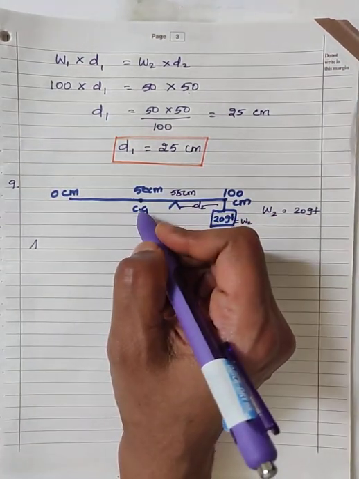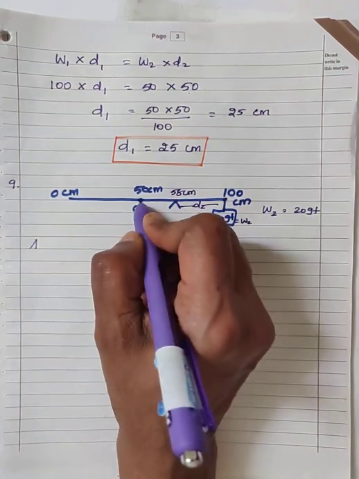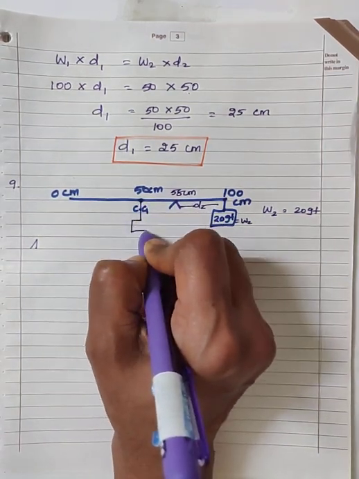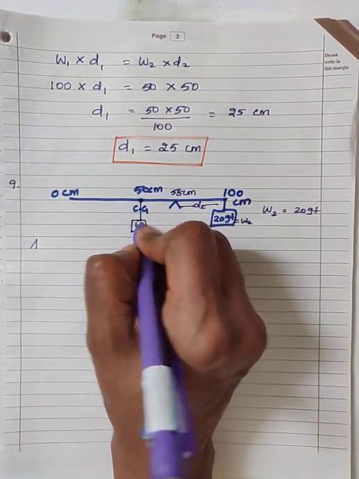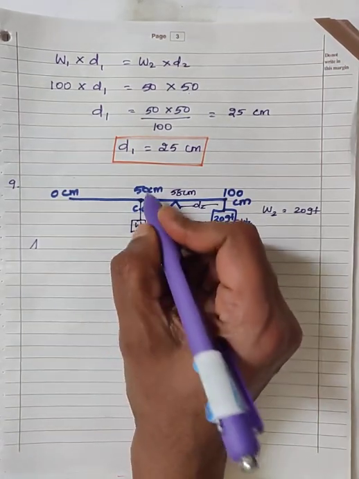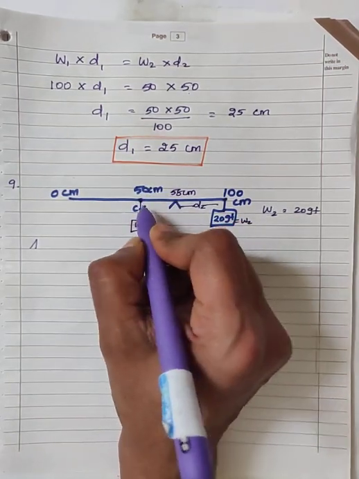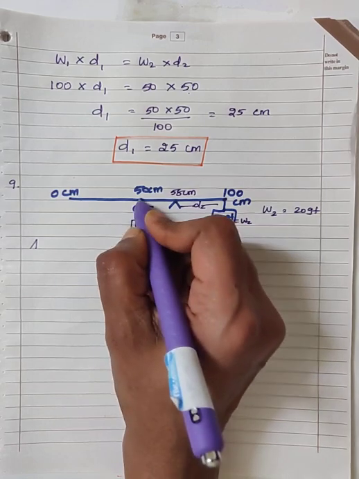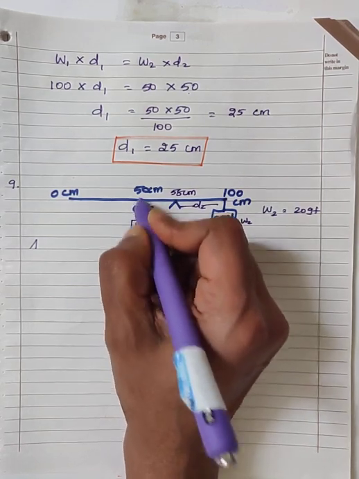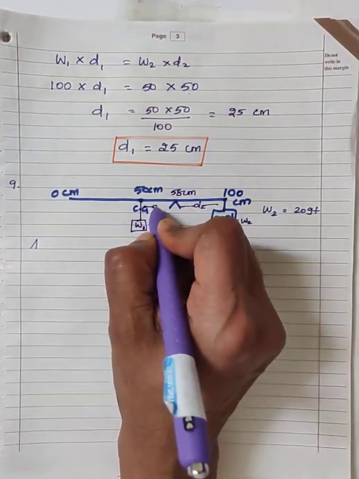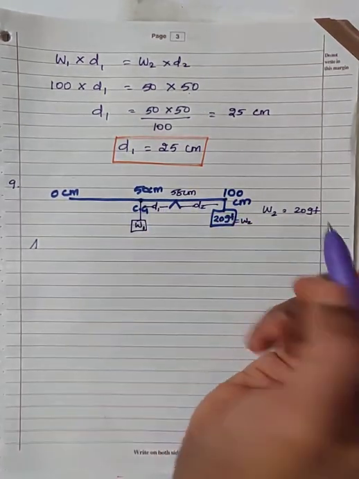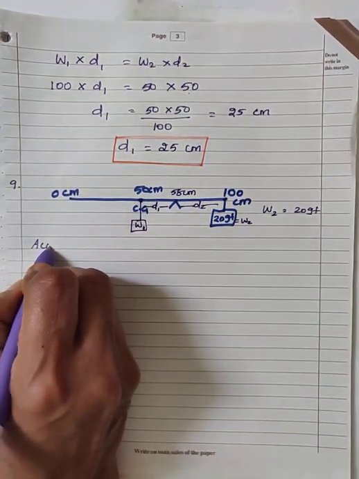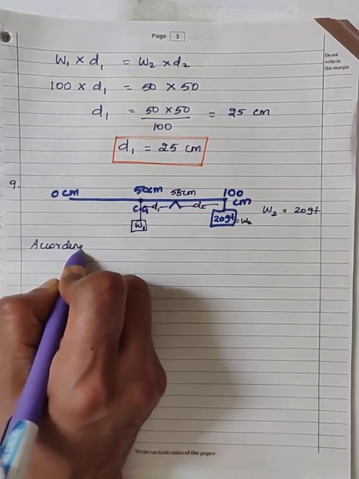And here you are asked to find out the weight of the rule. The weight of the rule will be acting at the center of gravity, which I represent by the symbol W1. Let W1 be the weight of the rule. And the perpendicular distance between the weight of the rule and the pivoted point, I mark it as D1. Okay. So I write according to principle of moments.